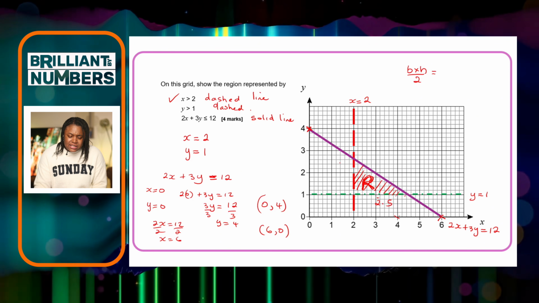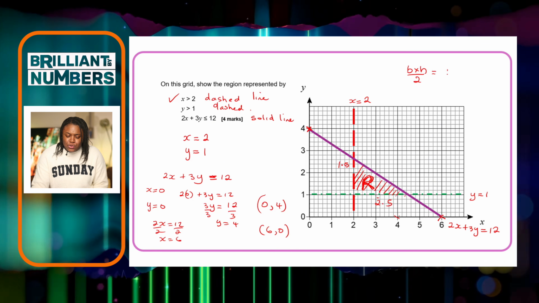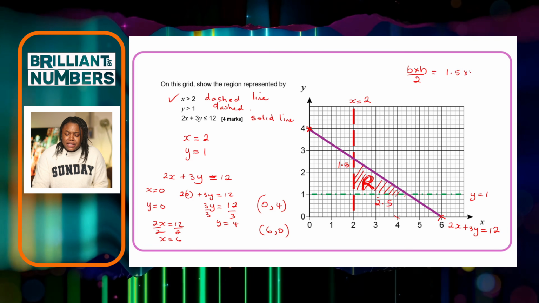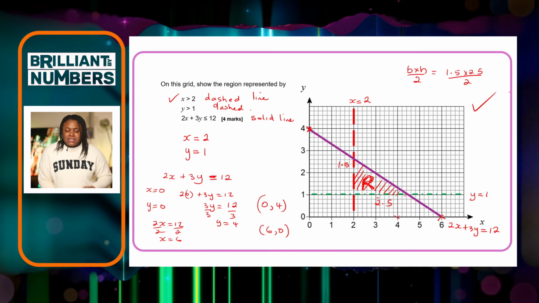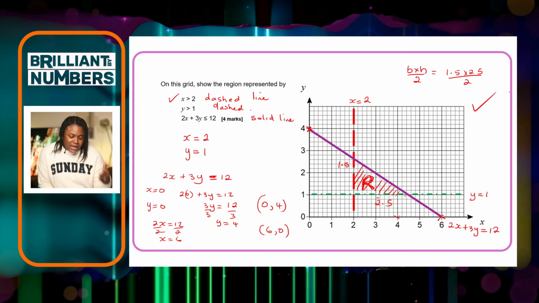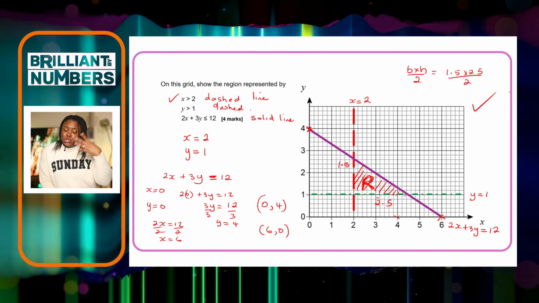I'm just going to say this is 1.5 because the question wasn't really designed to do this. You will then do 1.5 times 2.5 divided by 2. I'm not going to take it further because I want to make sure you get the relevant other questions that are left. So that's what you would have done. Sometimes when you shade your region, they could be a trapezium. You will apply that formula, which you will get on the formula sheet anyway. Beautiful there. So we are moving.